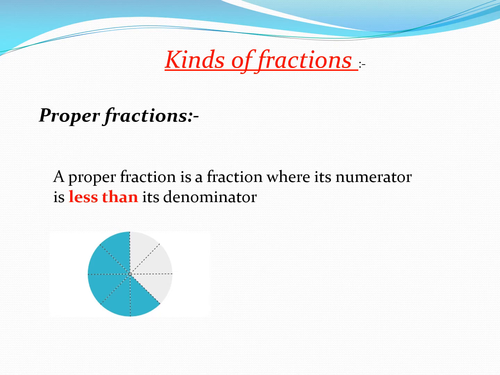So, if we have a circle and we divide it into 8 parts, and we take 5 parts, I will write 5 in the numerator and 8 in the denominator, and we read it five eighths. So a proper fraction is a fraction whose numerator is less than its denominator. It is the first kind.